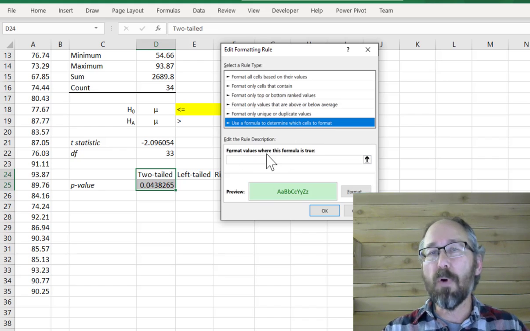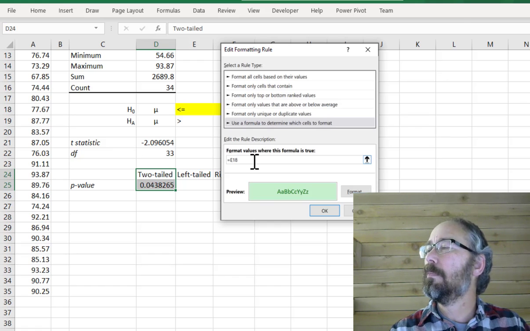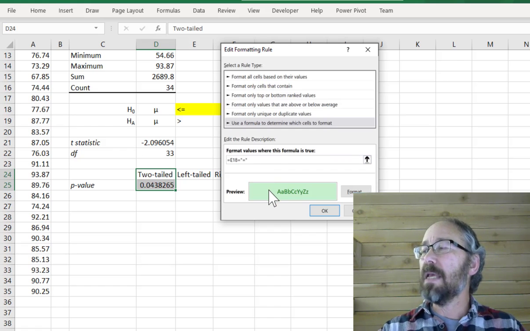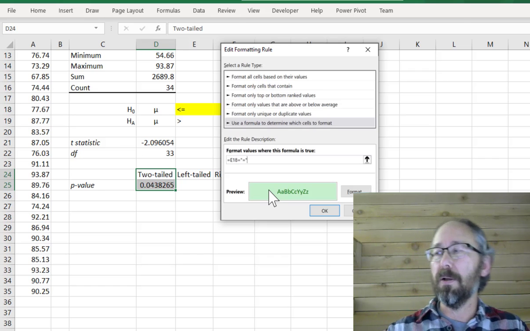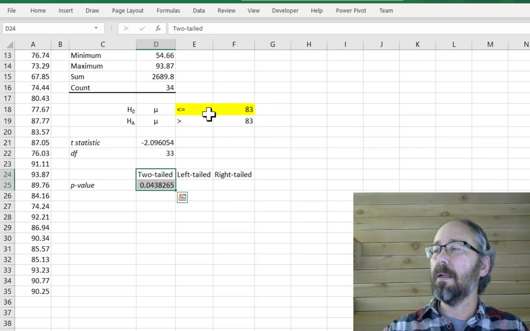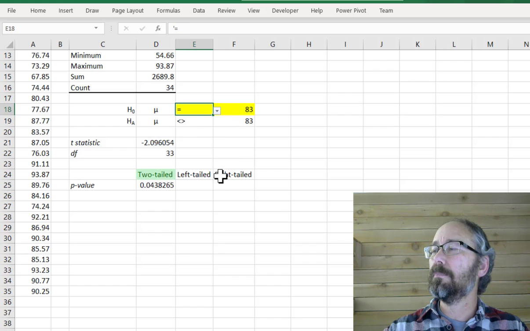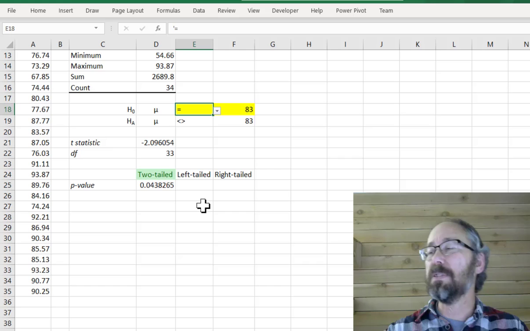Now I could have started with the formula, but in that case, the default green on green would not be available to me. So I just prefer to do it this way. What I'm saying here is if E18 equals the equals symbol, then I want it to be green on green. And let's test that. Well, this is interesting. Conditional formatting obeys the rules of relative and absolute references.